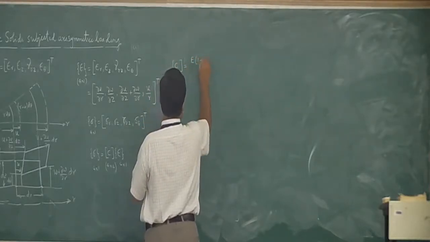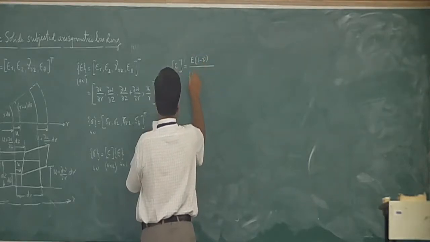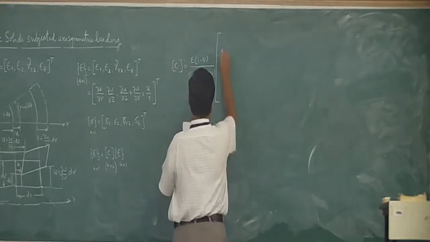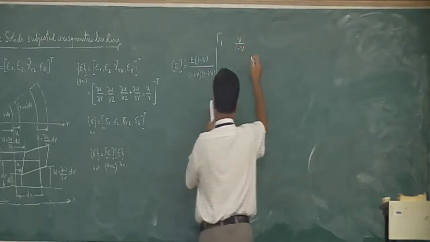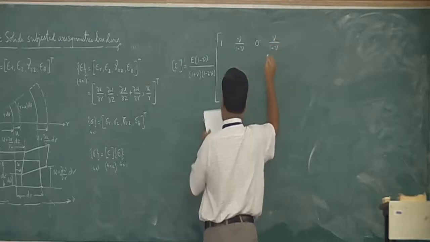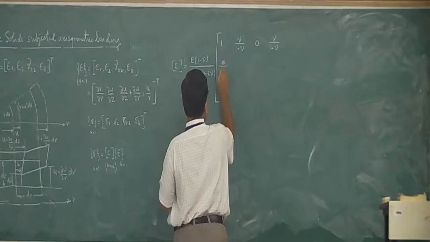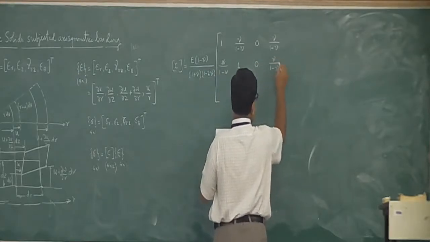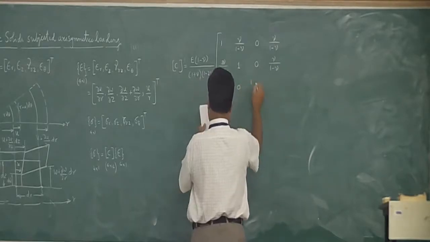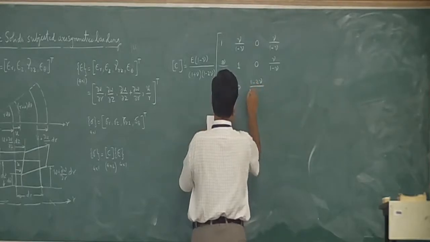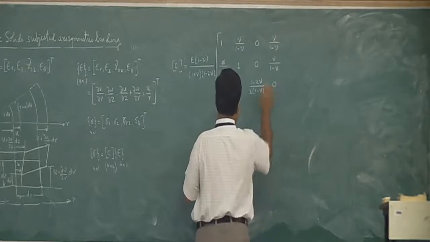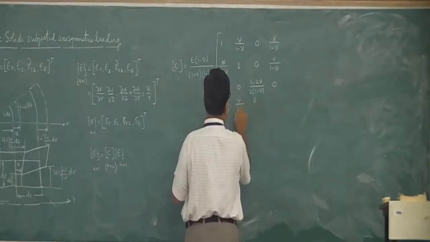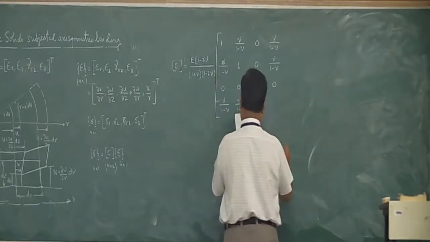It is given by E into (1 minus nu) upon (1 plus nu)(1 minus 2 nu), times the bracket: 1, nu upon 1 minus nu, 0, nu upon 1 minus nu; nu upon 1 minus nu, 1, 0, nu upon 1 minus nu; 0, 0, (1 minus 2 nu) upon 2(1 minus nu), 0; nu upon 1 minus nu, nu upon 1 minus nu, 0, 1.